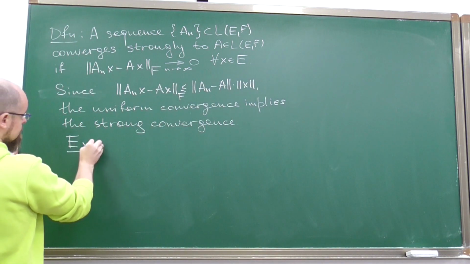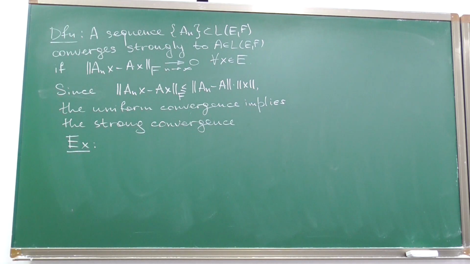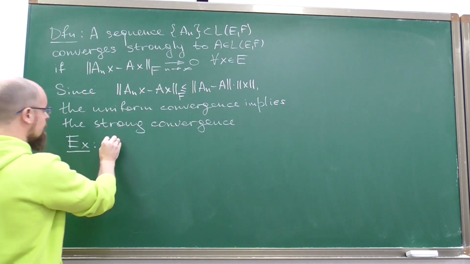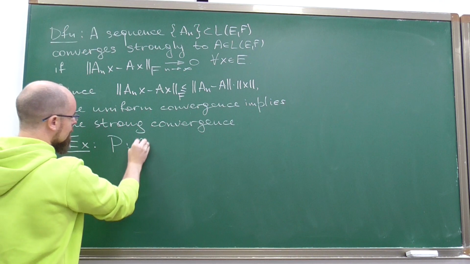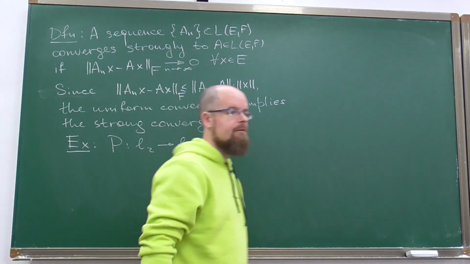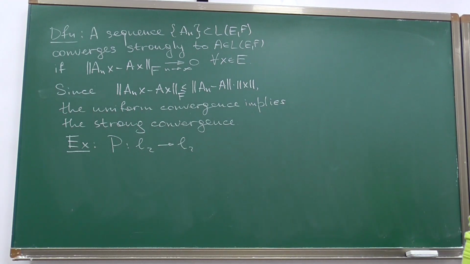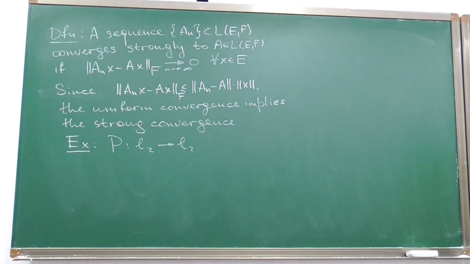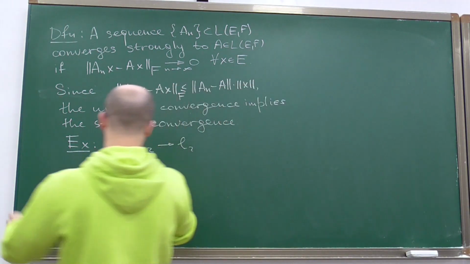Example. Let us consider the operator P from l2 to l2. So these are the sequences summable with square. And P_n will be a projection on a finite dimensional space.